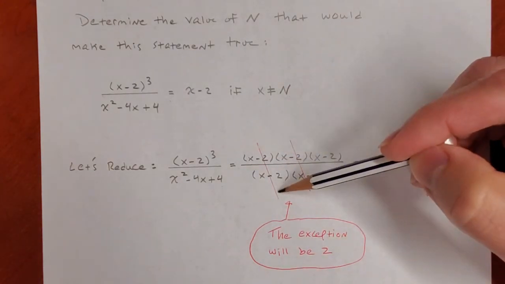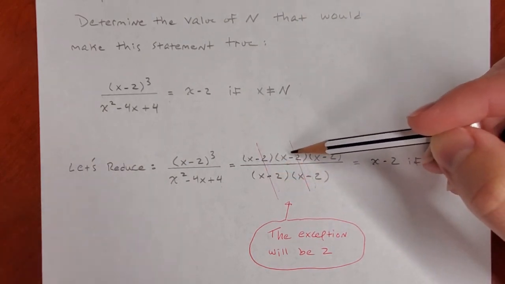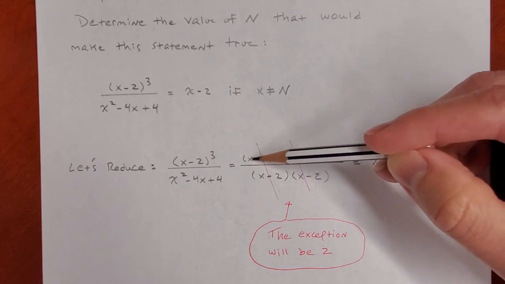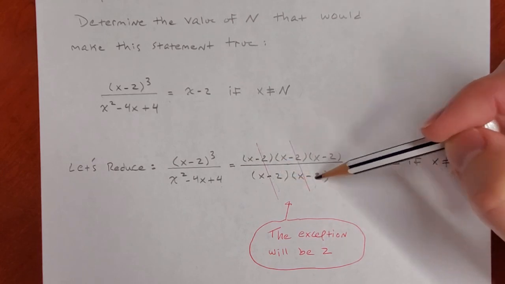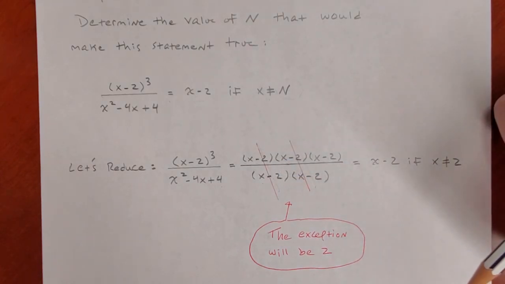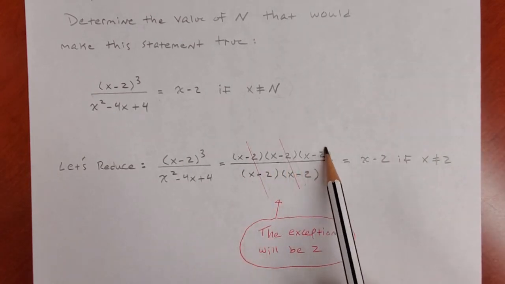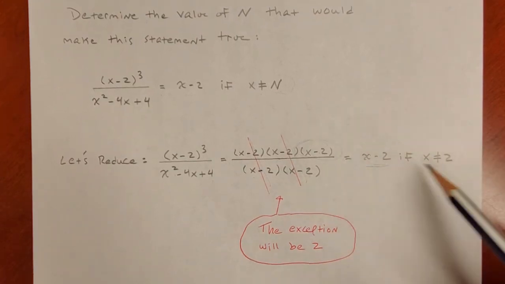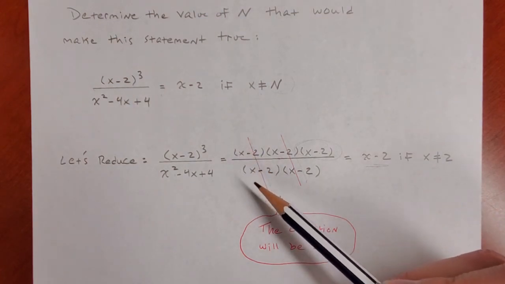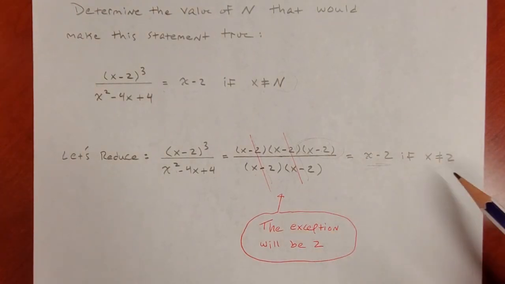Now, when you cancel these and these, because they're all the same, what value of x would cause any of this canceling to be 0 over 0? It'd be 2, right? So you could reduce this to x minus 2 as long as the x isn't 2. Because if the x was 2, you're canceling 0 over 0, and you can't do that. It doesn't work. It's not allowed. So 2 is the exception.